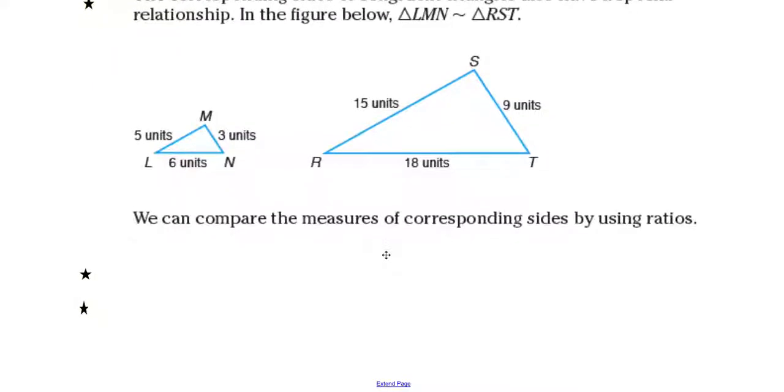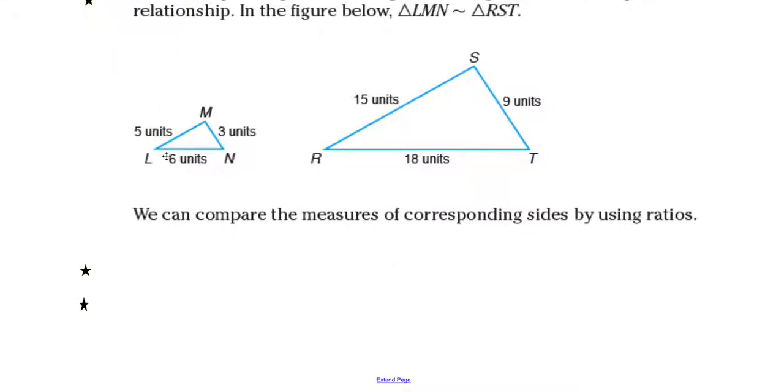Let's take a look at the ratios we can compare. LN over RT is equal to 6 units over 18 units, or 1/3, because LN and RT are corresponding sides.